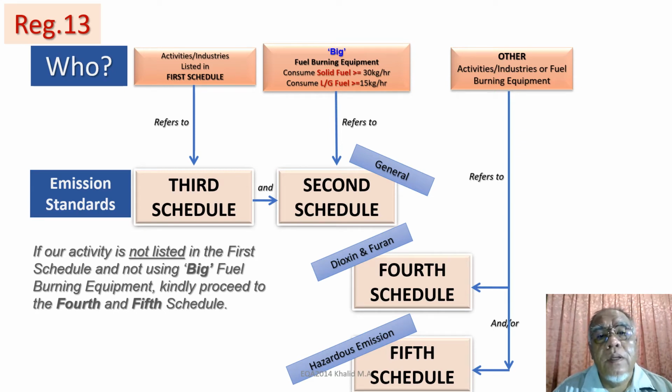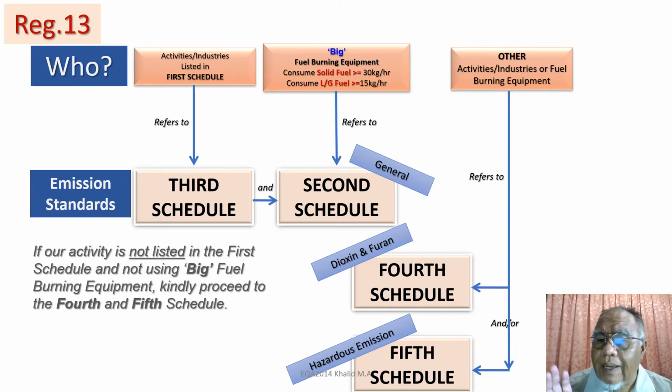Now, this is a slide from PowerPoint which I developed in 2014, and I'm showing you here a very simple map. Remember, as auditors, as consultants especially, I want you to master this.